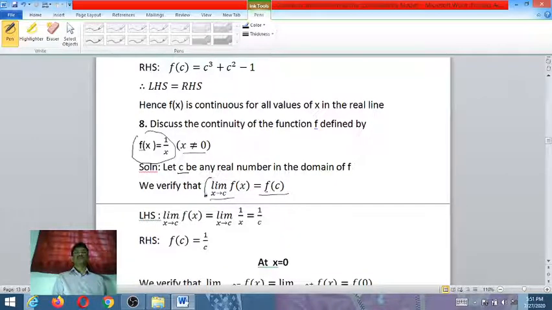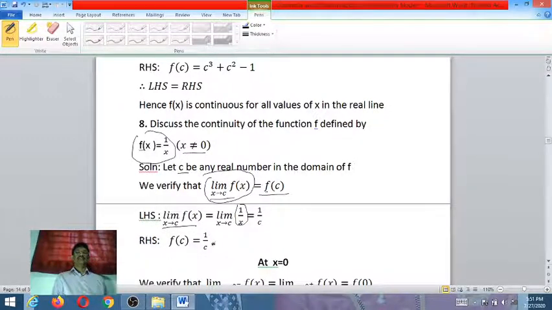Now consider the left hand side. What is the left hand side? It is the limit of f of x as x tends to c. In the place of f of x we write 1 by x, so the limit of 1 by x as x tends to c is 1 by c. The right hand side, f of c, is also 1 by c.